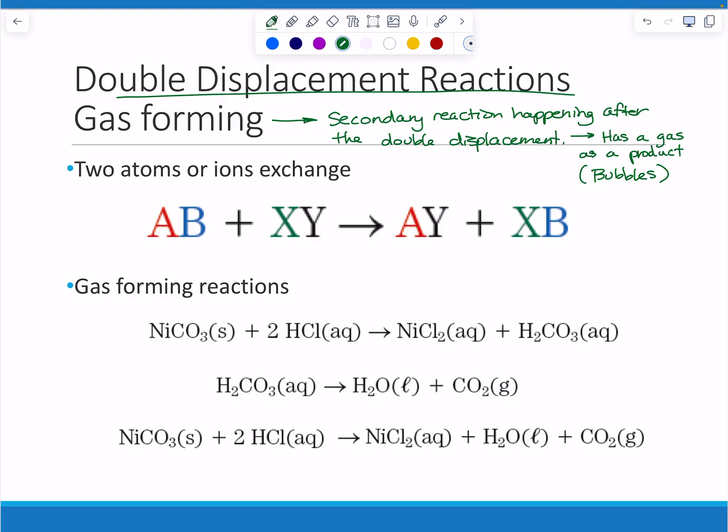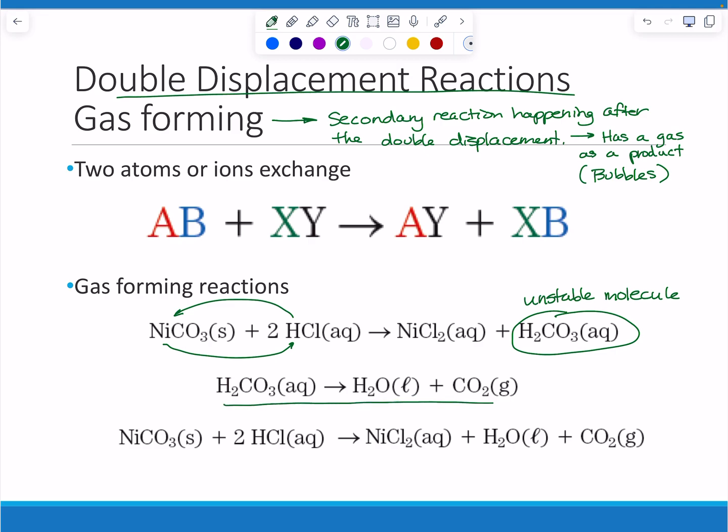So this product right here is the product of our double displacement, and this is an unstable molecule. And it decomposes into water and carbon dioxide gas.